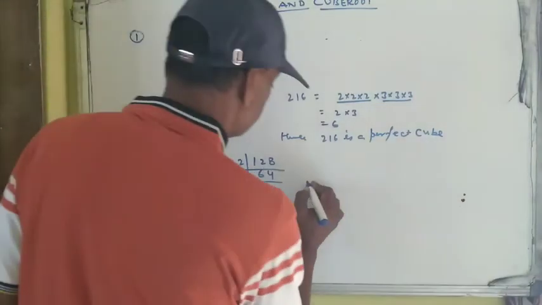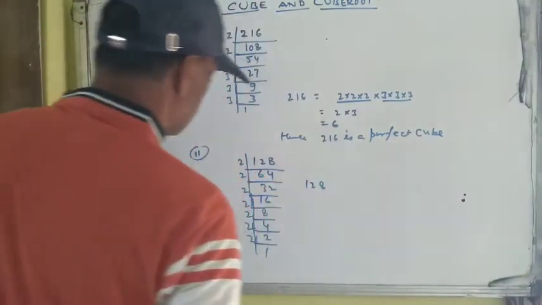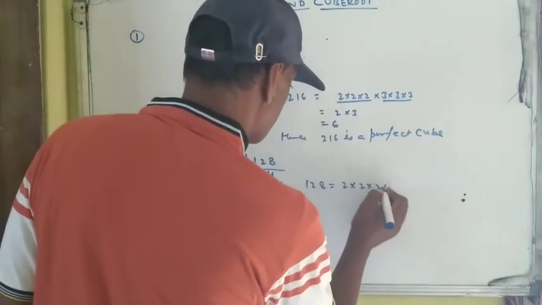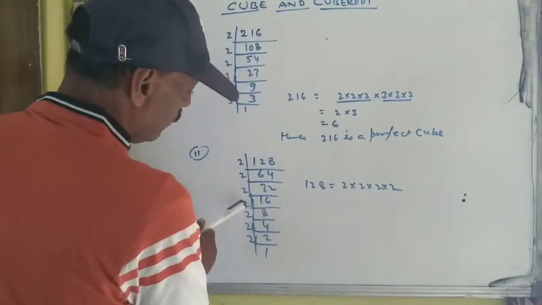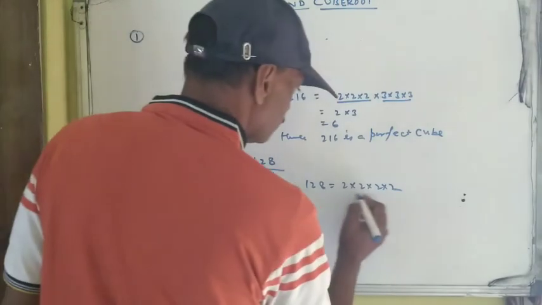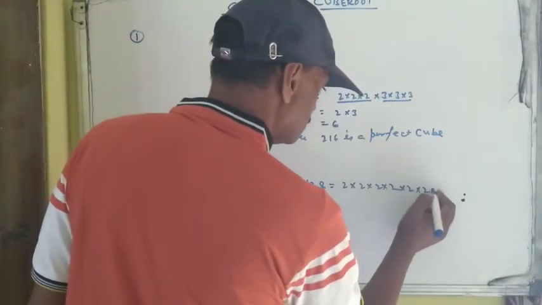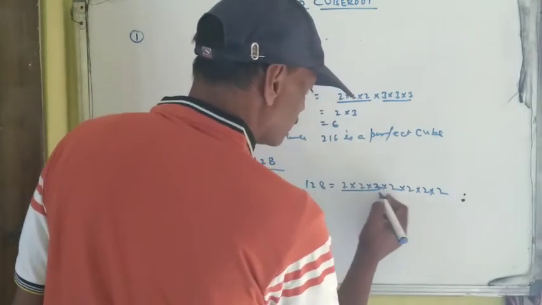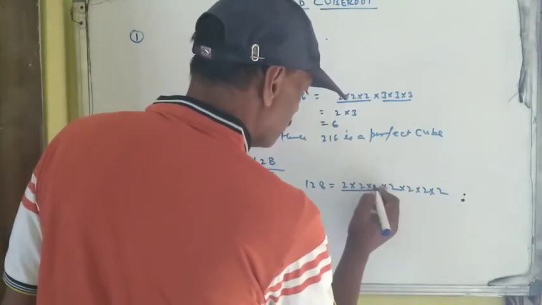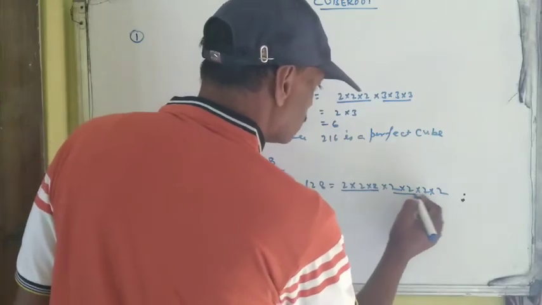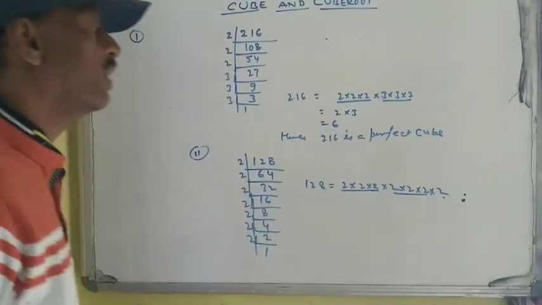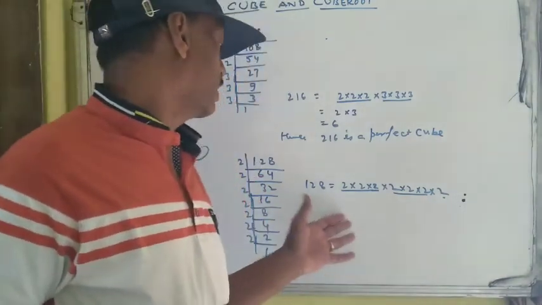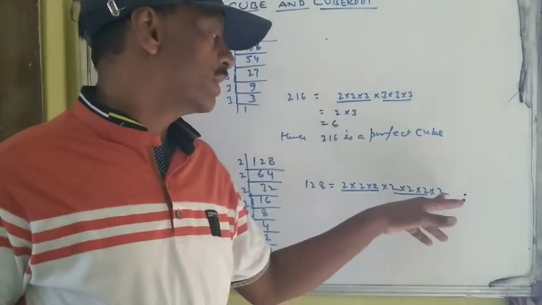Just see here, 128 equals 2 into 2 into 2 into 2. How many 2's? 1, 2, 3, 4, 5, 6, 7. So we will get groups of 3. Here one group, second group, and one 2 is extra, which does not complete a group. Therefore 128 is not a perfect cube.